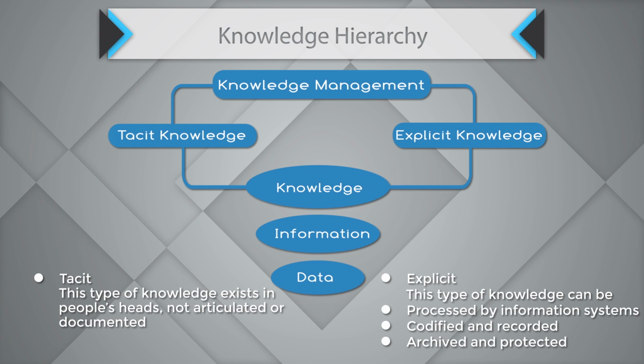Explicit knowledge can be processed by information systems, could be codified and recorded, and subsequently archived and protected. While tacit knowledge exists in people's heads, not articulated or documented. A good knowledge management system will work at both the tacit and the explicit knowledge.